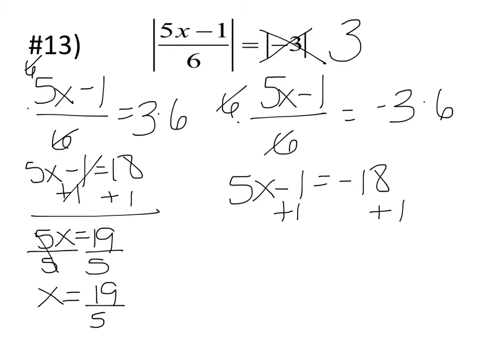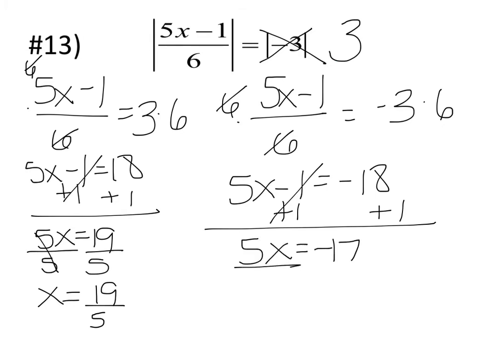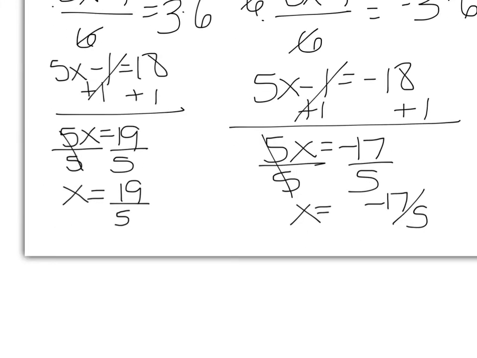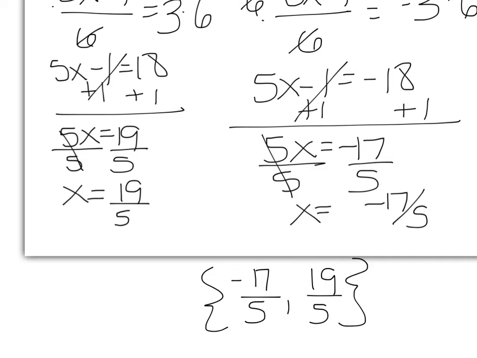Add 1 to both sides. You get 5x is equal to negative 17. Divide both sides by 5. You get x is equal to negative 17 over 5. So here your solution set is negative 17 fifths and 19 fifths.